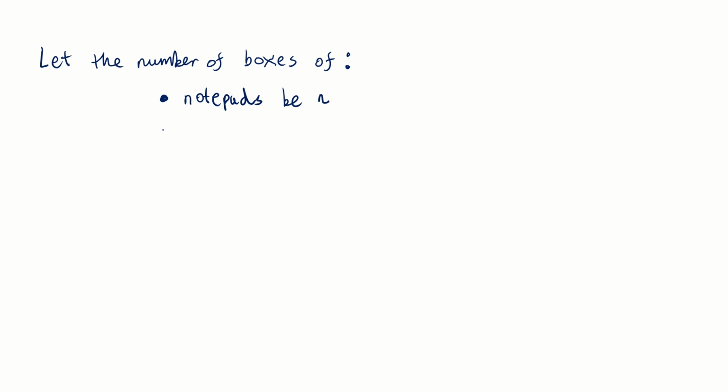For instance, you could say let the number of boxes of, and then if you put a colon, what this allows us to do is then be really cheeky and just use bullet points by going notepads be n, pens be p, and we could say staples is s, but I'm not going to because S is an annoying letter to use in maths because it looks so much like a 5, or at least it does if you have terrible handwriting like me.